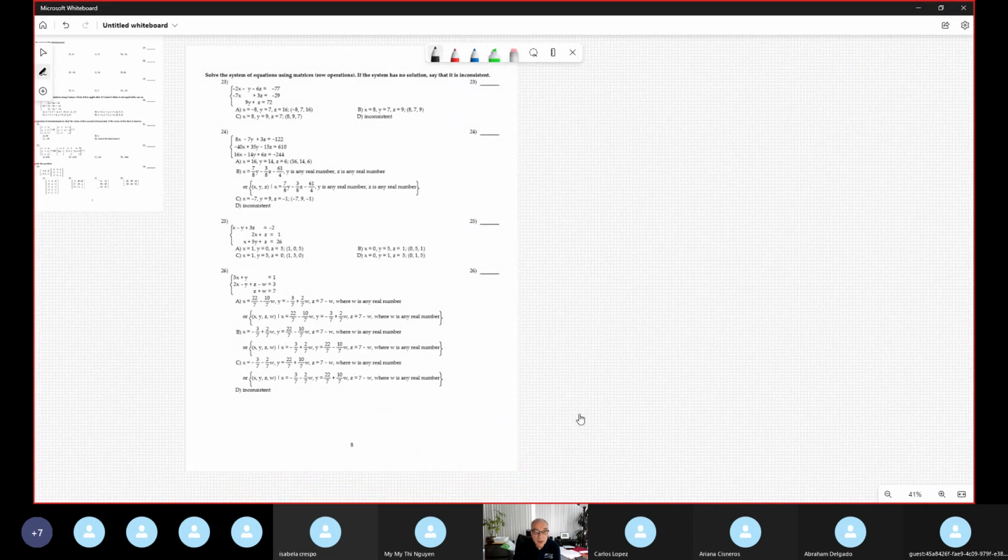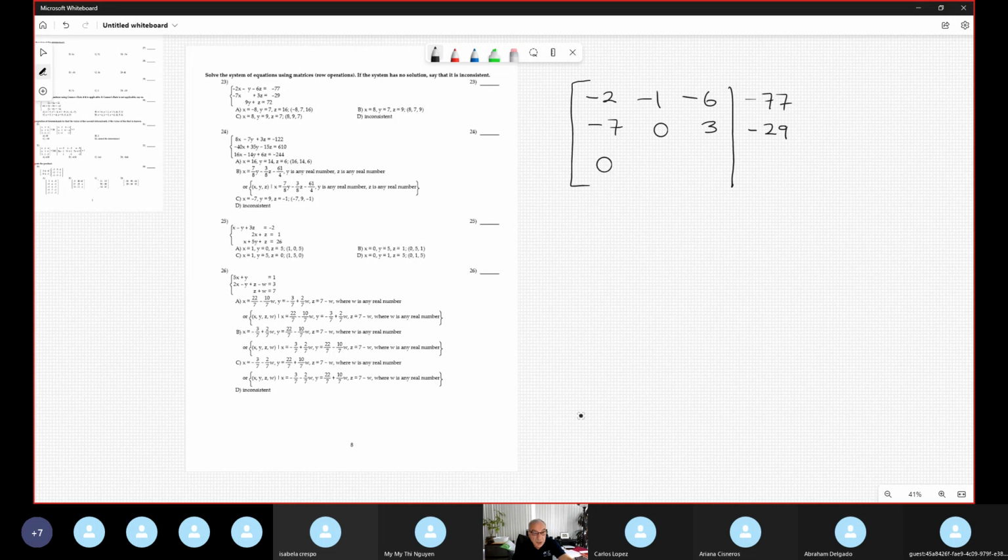So I copy the augmented matrix associated with the system, which is negative 2, negative 1, negative 6, wow, too many negatives, negative 7, negative 7, 0, because the y variable is missing in the second equation, 3, and negative 29.